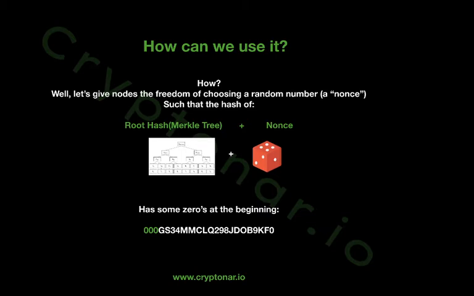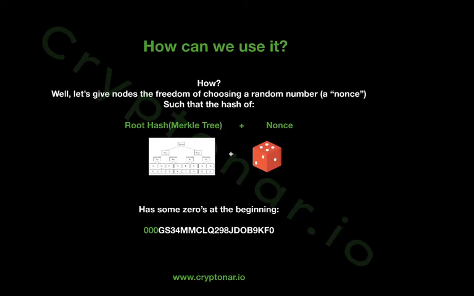So what we can do is add together the root hash of the Merkle tree, which represents all these transactions, and hash it together with a number, a completely random number. Choose whatever you want, we don't care.